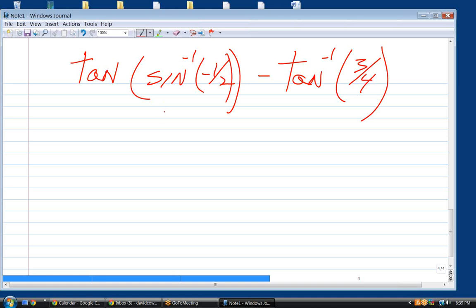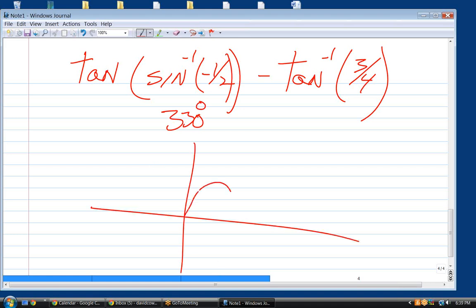Why? Because when you're dealing with inverse functions, you can only have one value. When they take the inverse sine, they don't use the whole sine curve. If they did, you'd get something that's not a function. It doesn't pass the vertical line test.